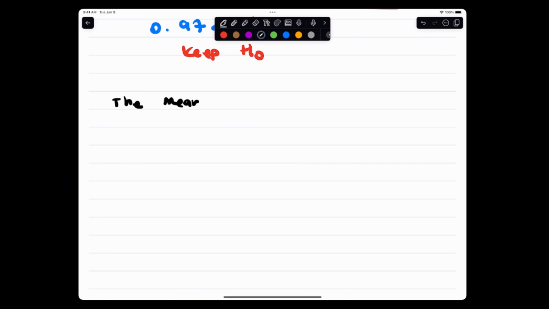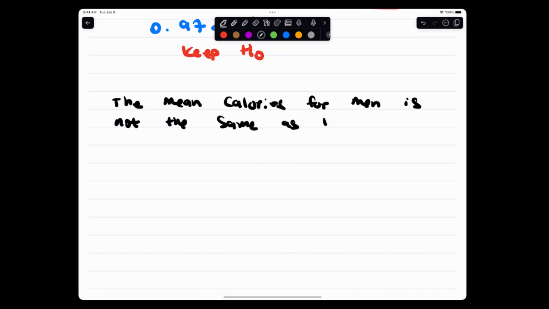The mean calories for men is not the same as the mean calories for women, as claimed by Snodgrass.